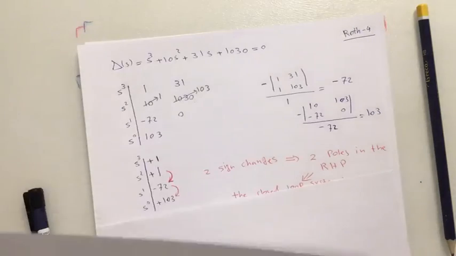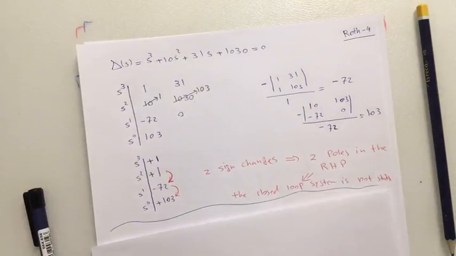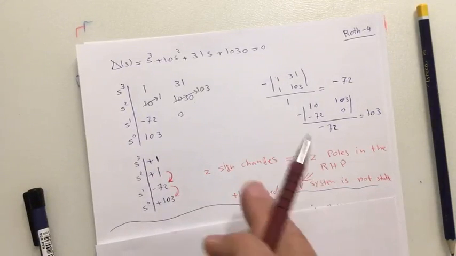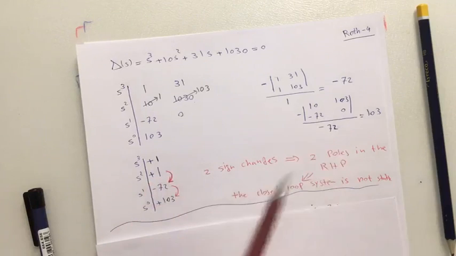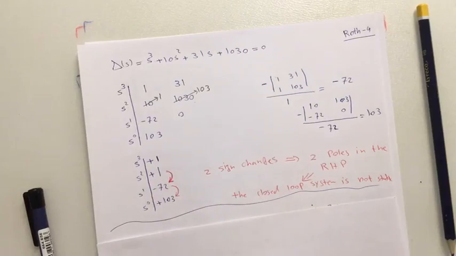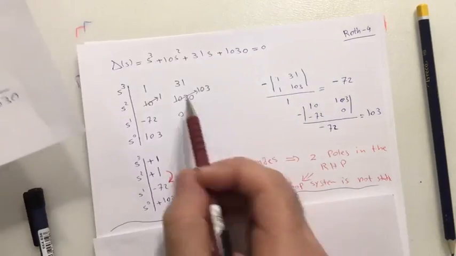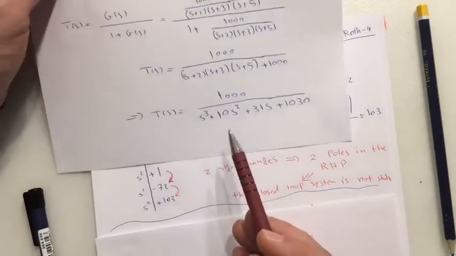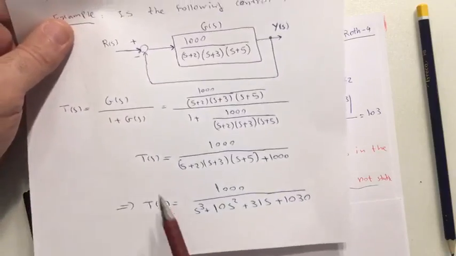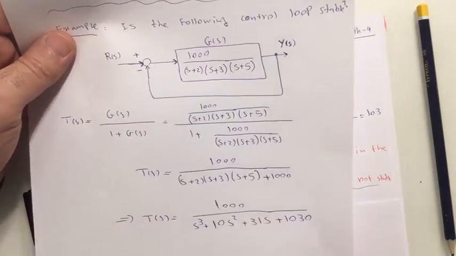We formed the table, and we saw that in the first column we have 2 sign changes, and because of that, the polynomial has 2 roots in the right hand side, and the roots of this polynomial are the poles of the closed loop transfer function. So because of that, this control loop is not stable.